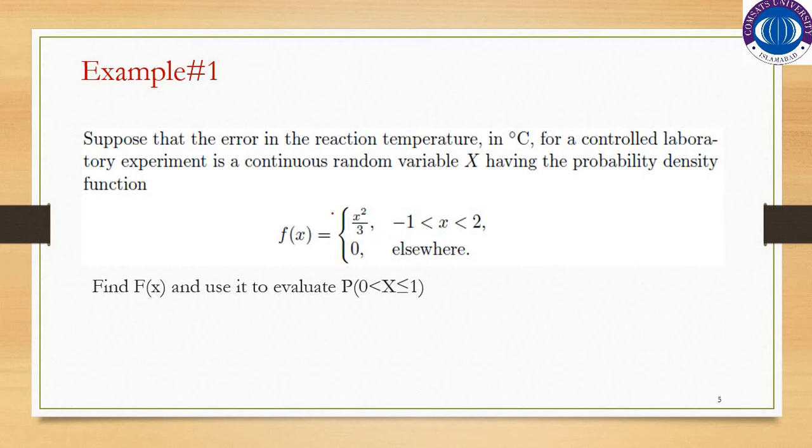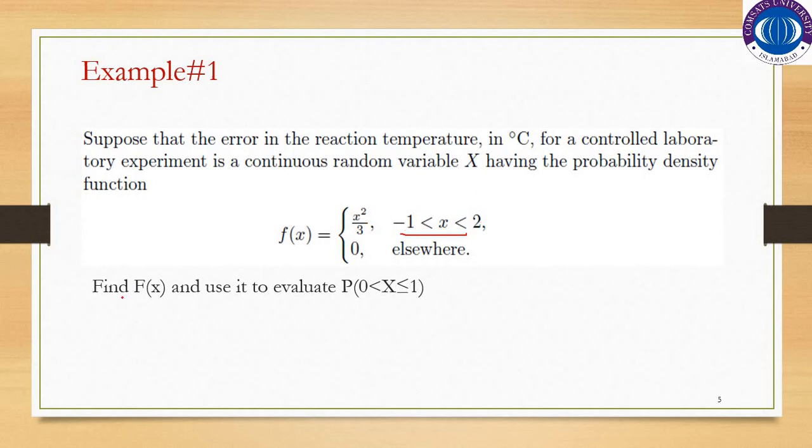It is only defined on the limit minus 1 to 2. Whenever you substitute a value of x less than minus 1 or greater than 2, the function will give you the answer 0. So elsewhere means that outside this limit the function gives 0, and it gives output only for this particular input.